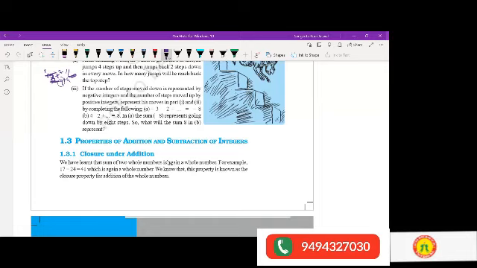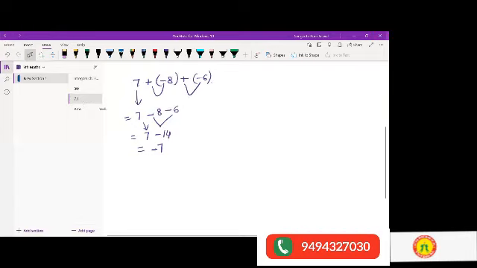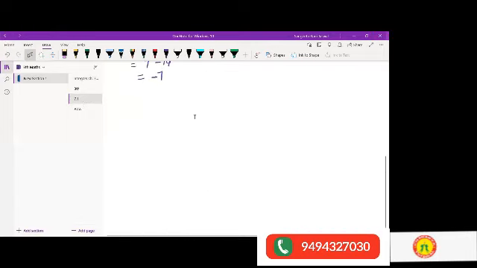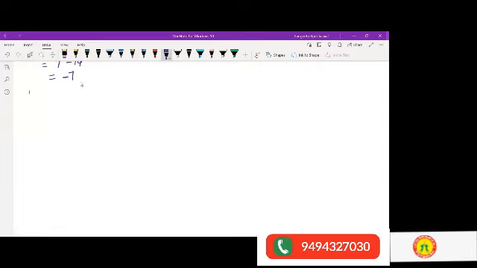I'm taking another page here. We were doing sign rules, so I'm taking the next page. Now we are talking about properties.